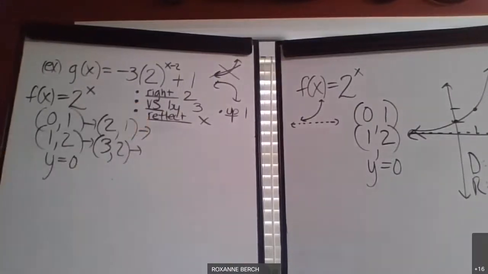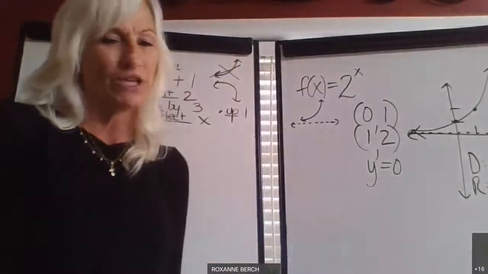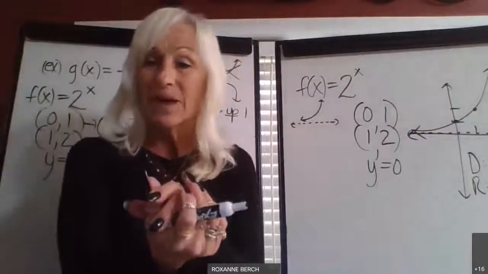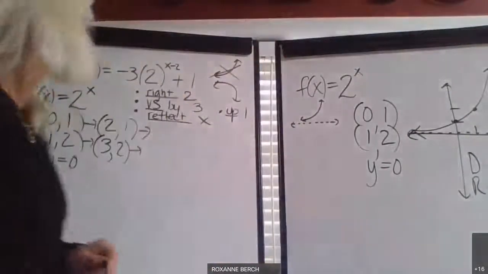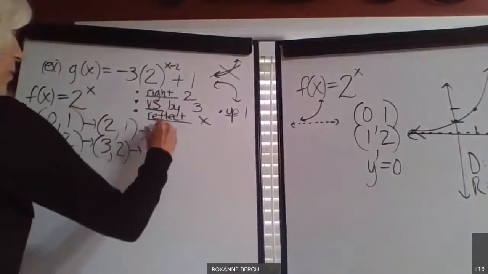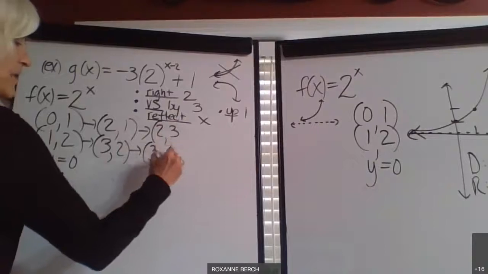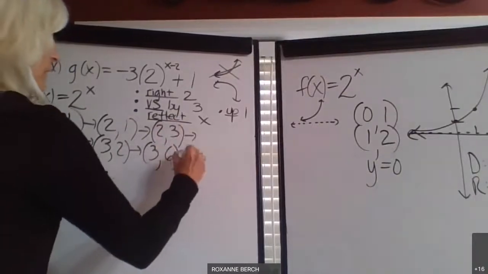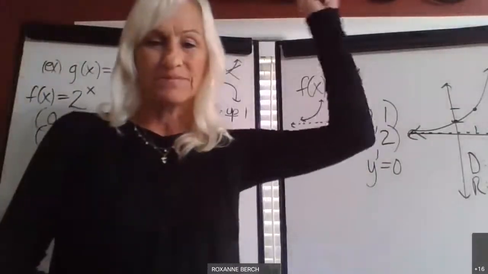The next is a vertical stretch. A vertical stretch is a transformation. It will change the shape of the graph. Remember our math aerobics where a vertical stretch means this? We're stretching it up. So we're going to multiply the y by 3. The next one is reflect over the x. That's a vertical movement. Watch my arm.